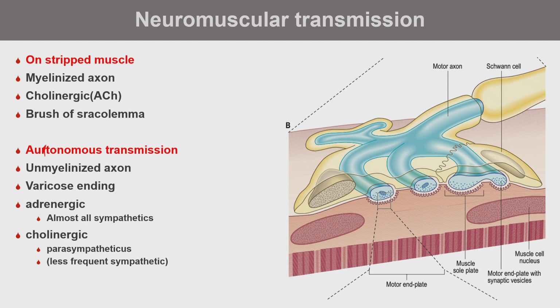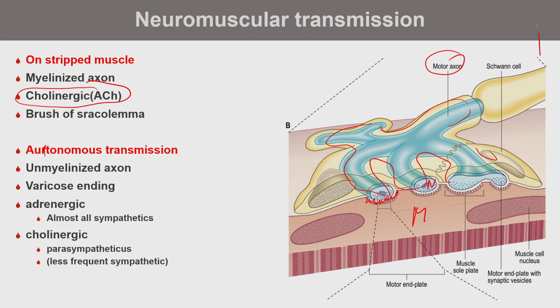In striated muscles, there is this structure, which is a motor axon, and the Schwann cell is covering the interface between muscle and neuron, and the muscle has a sarcolemma like a brush, and this brush sarcolemma is under stimulation of acetylcholine.